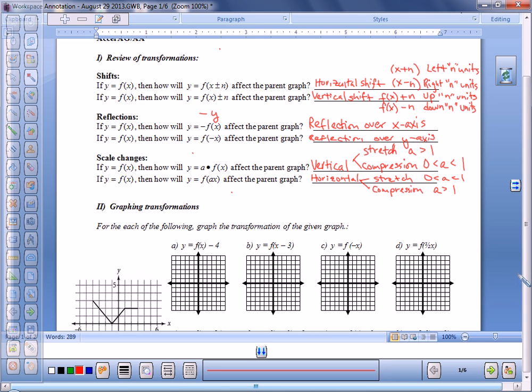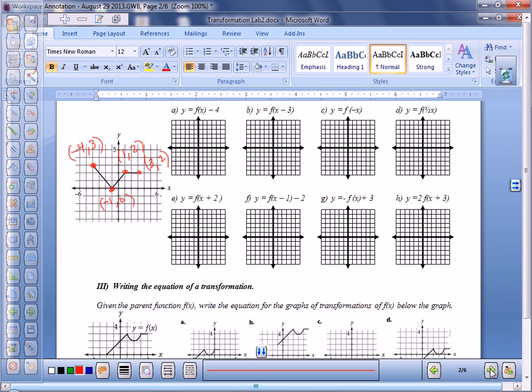Okay, I'd like you to take these rules and see what you can do in this function. The way I would start is I would say, okay, what are the important points on here? Well, if I had a point here, a point here, a point here, a point here, I could quickly sketch in the shape of this function.